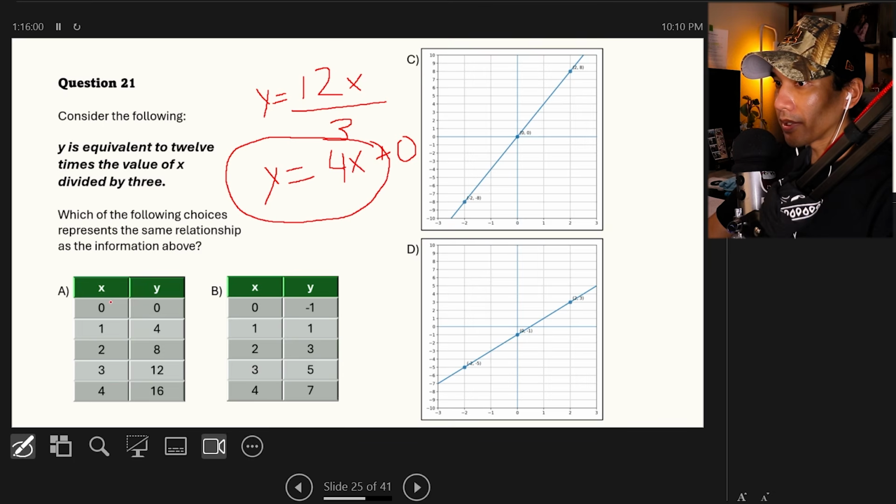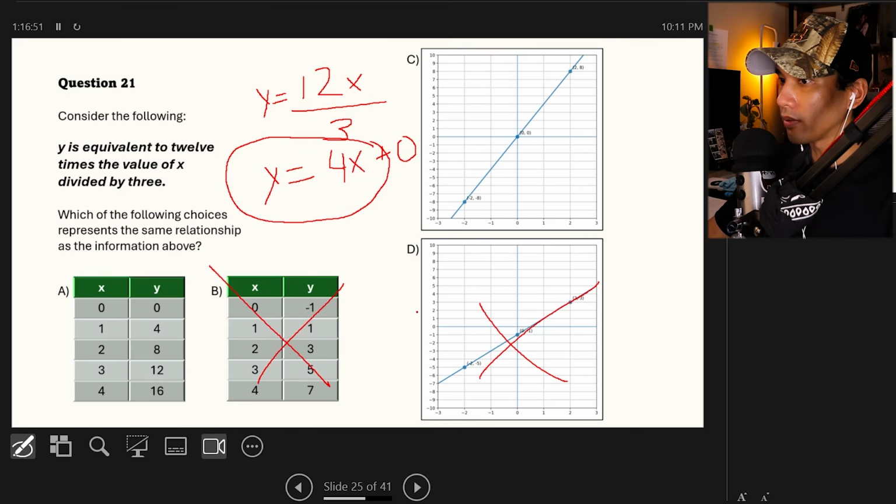A could be right because we have 0, 0. B is incorrect because the y-intercept is at -1. Our y-intercept is the origin at 0, 0. So D is incorrect because the y-intercept is at 0, -1. So we rule that out. So we're only left with these 0, 0 and 0, 0.